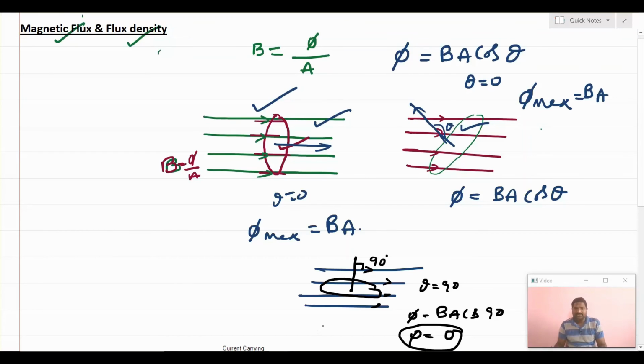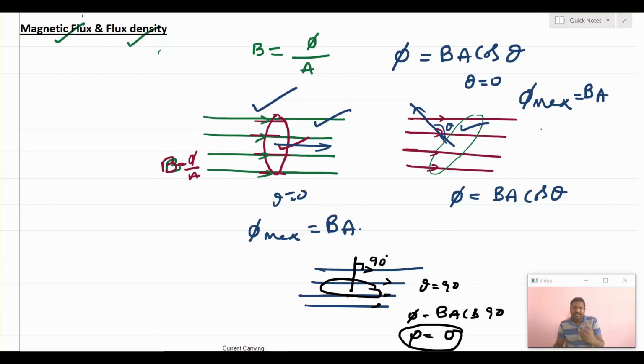Now in this way we can calculate. So what can we understand from this? If the axis of the plane is making 90 degrees with the lines of force, no magnetic lines will pass through this coil. If no line is passing through that coil, the flux is 0. Flux is nothing but the number of magnetic lines of force passing through that plane.